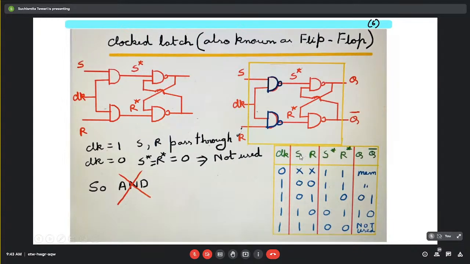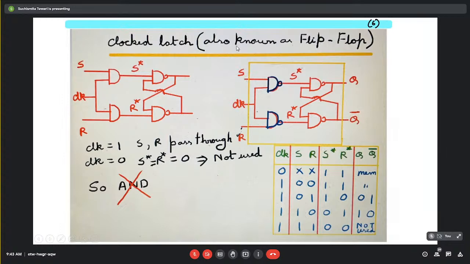Now if you just omit these two columns, S star and R star, and see S and R as the input of this entire block and Q and Q bar as output, you will see that when S equal to 0 and R equal to 0, it is producing the reset state. And when S equal to 1 and R equal to 0, it is producing the set state. So no S bar R bar concept is coming into play.